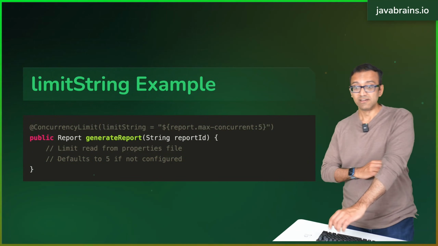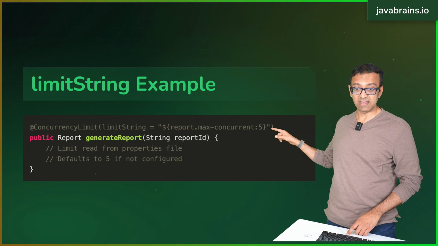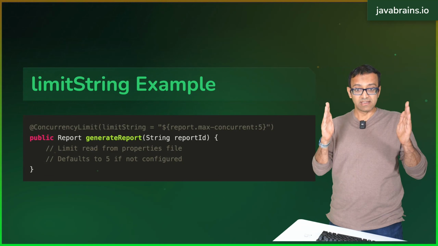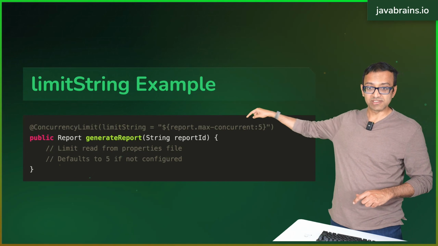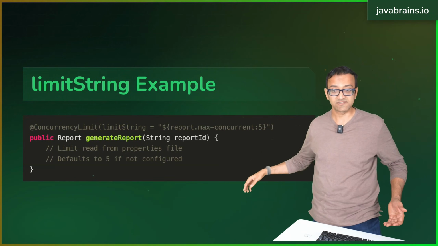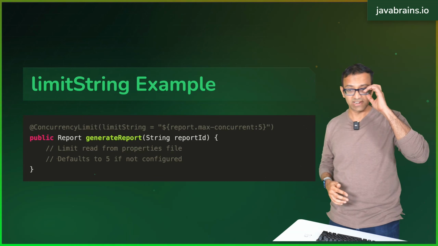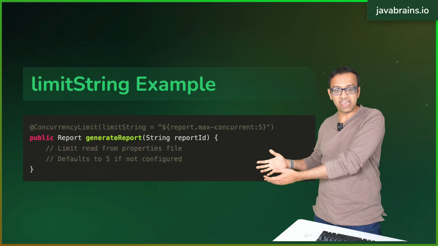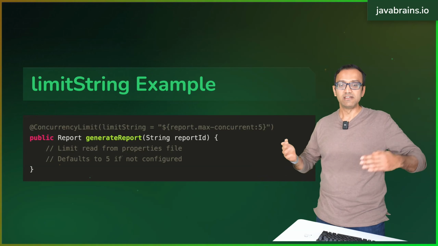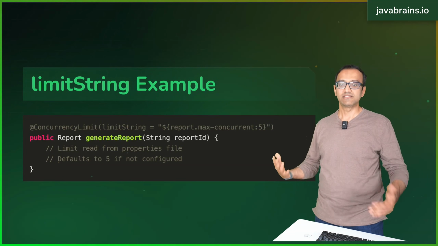So here is an example. You can say concurrency limit string equals, and then a Spring expression SpEL. And this gets evaluated. You can put this value in an application.properties file or some kind of an external configuration, and then that gets added. So you deploy this application in dev, there is a different concurrency limit. Deploy the same application in prod, there's a different concurrency limit.